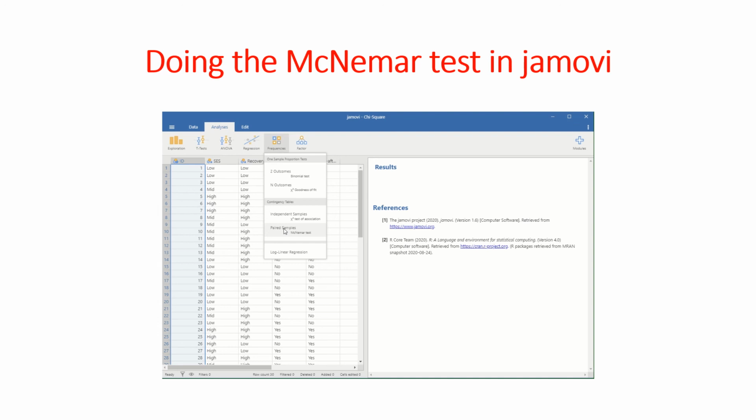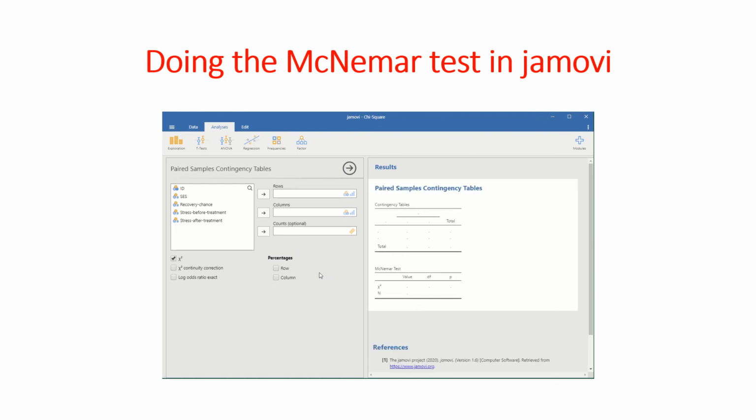So you click on McNemar test here, and then you'll see a figure like this, and you put stress before treatment, which is one of the variables, here, and then you put stress after treatment here, and that's basically what you get.